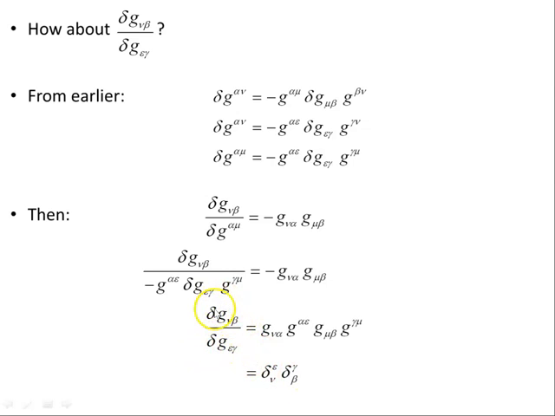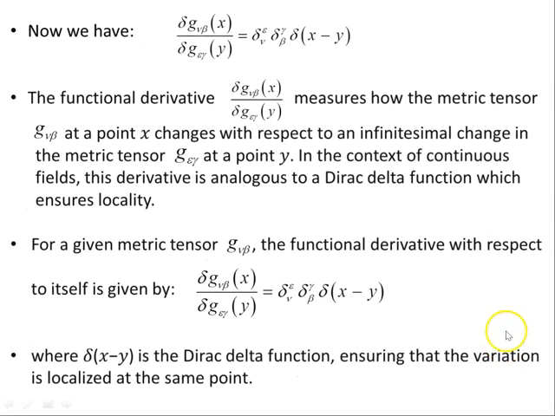So this, the variation of the metric with respect to small changes in the metric, is this product of Kronecker deltas, but we're not quite finished yet. Okay, so let's move on. All right, so now we have the variation of the metric at some point on the manifold X with respect to small changes in the metric at some point Y, okay, is equal to the Kronecker delta we found earlier and the Dirac delta function, because we're talking about a point.